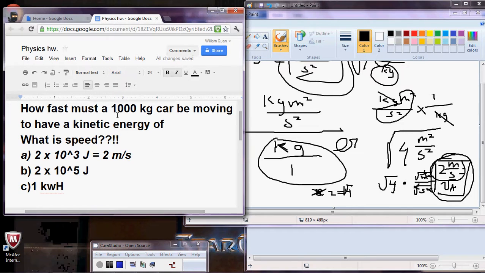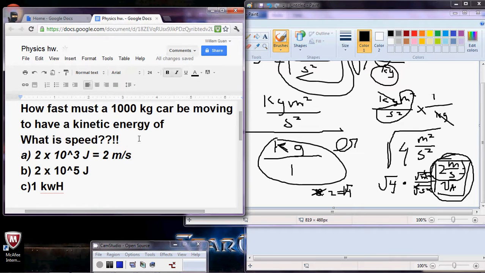With a car, so we could say with a car of 1,000 kilograms. Okay, I'm going to just redo it.